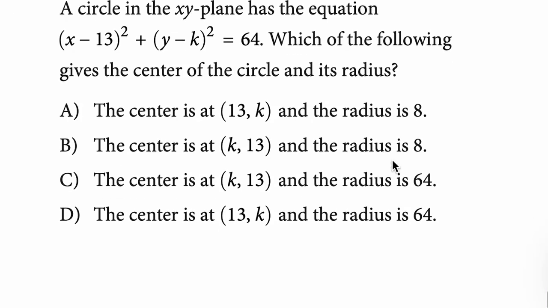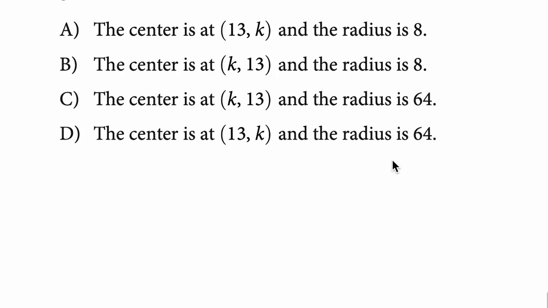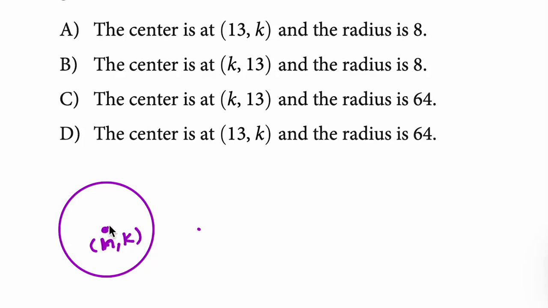Now, because this is a question about radius, the very basic property of this circle is that if the coordinates of the center are h and k, the distance from the point h, k to any point on the circle x, y is the radius, and it is the same throughout.